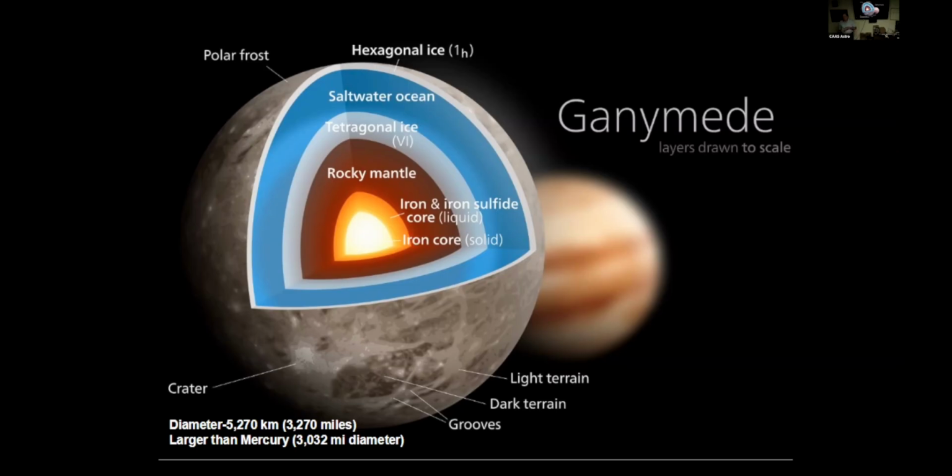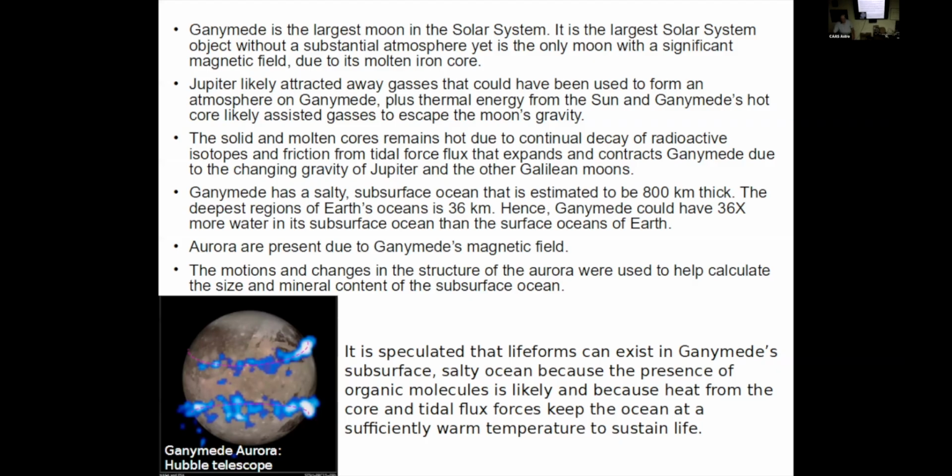Now, it does have an iron core and a liquid iron center, so it's the only moon in our solar system that has its own magnetic field. And that's another thing that helped it hold on to its water and everything else. However, it has very little atmosphere because Jupiter kind of sucked away the gases. Again, I'm not going to go through everything here.